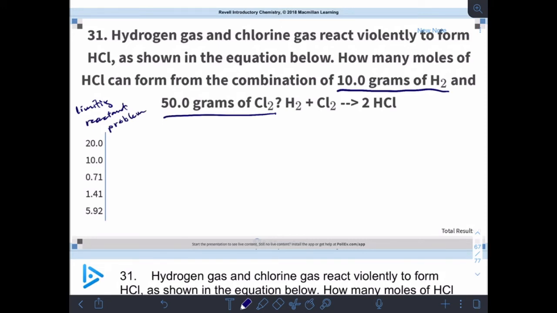All right, so if it's a limiting reactant problem, find what gives less product. Okay, whatever gives less product, that equals our theoretical yield.